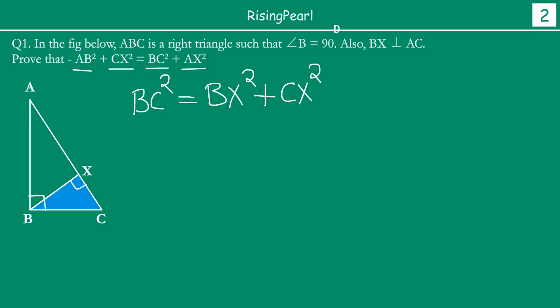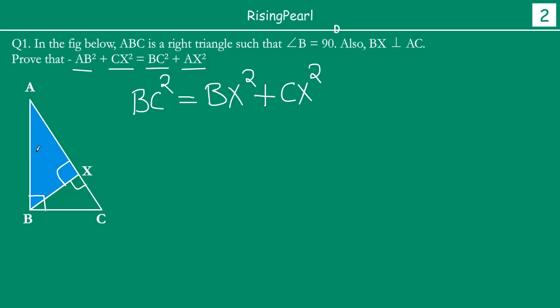Next, friends, we are going to take a look at this right angle triangle which is highlighted in blue now. Why? Because this right angle triangle contains AB square and AX square. So this angle is 90 degrees, right? Because BX is perpendicular to AC. So this is a hypotenuse, side opposite to the 90 degrees.